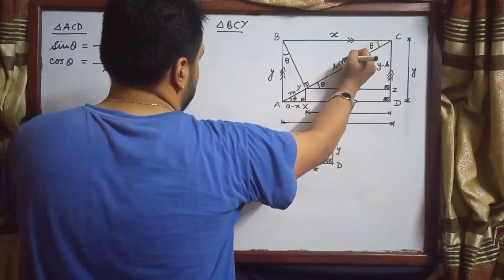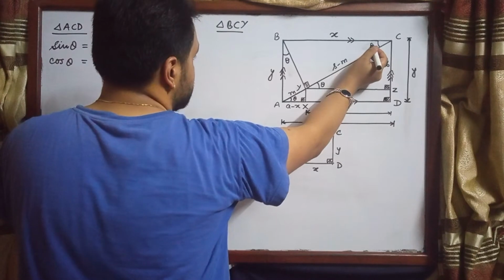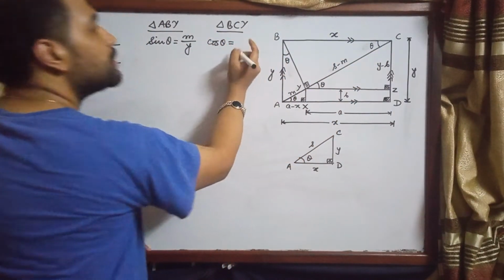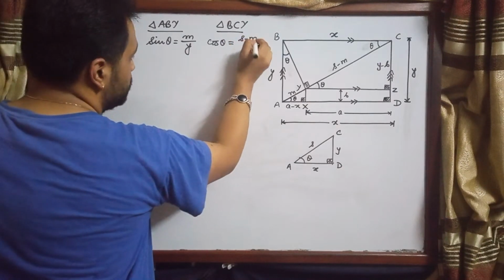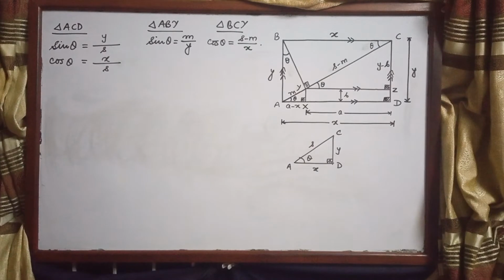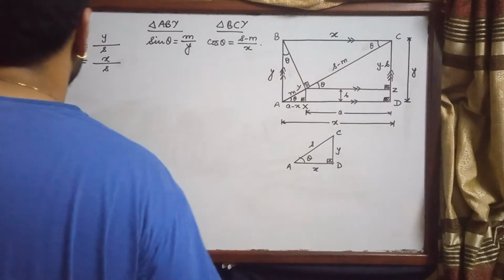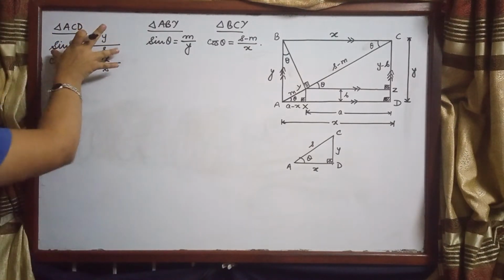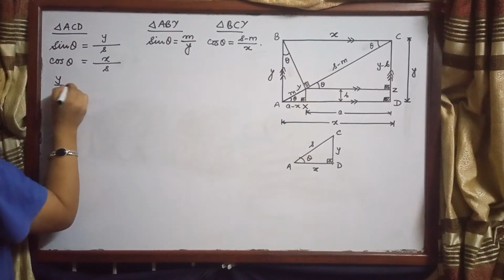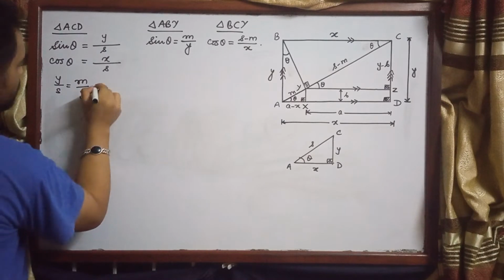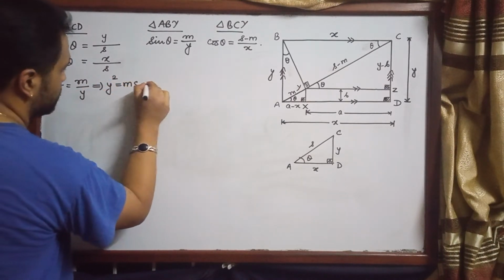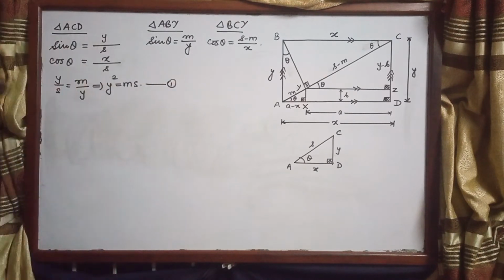Cosine of theta: the adjacent side is S minus M and the hypotenuse is X. Now, from these two values of sine theta, we get Y over S is equal to M over Y, which means Y squared is equal to MS. Let's call it equation 1.